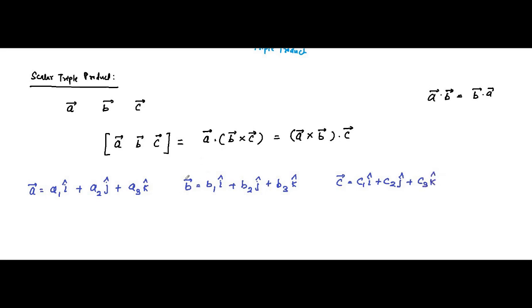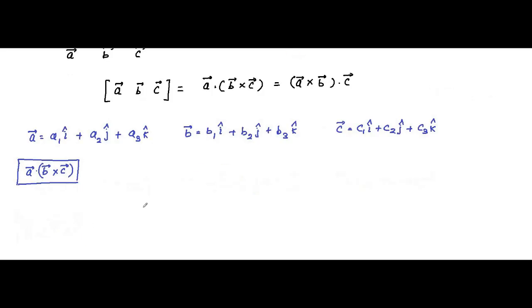Now, the scalar triple product is A vector dot B vector cross C vector. Okay, like this. So first, let us calculate B vector cross C vector.